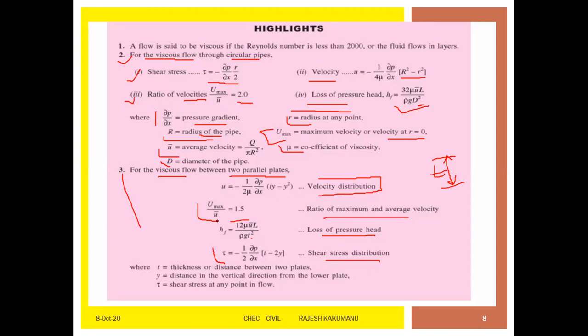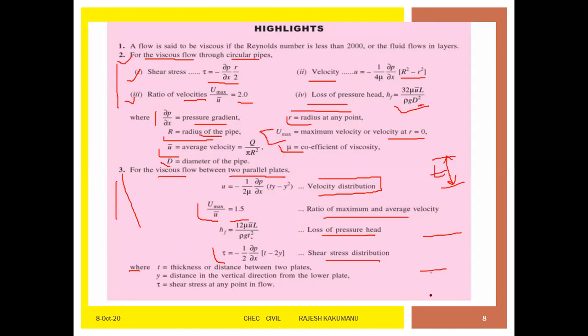In Unit 3 we have 4-5 sections. The first section is the Hagen-Poiseuille formula, so write and remember these formulas. The second section is the formulas for parallel plates. The third is the Darcy-Weisbach equation, where we have already done more than 10 problems. Now the notation: t is the thickness or distance between the two parallel plates. y is the distance in the vertical direction from the lower plate.